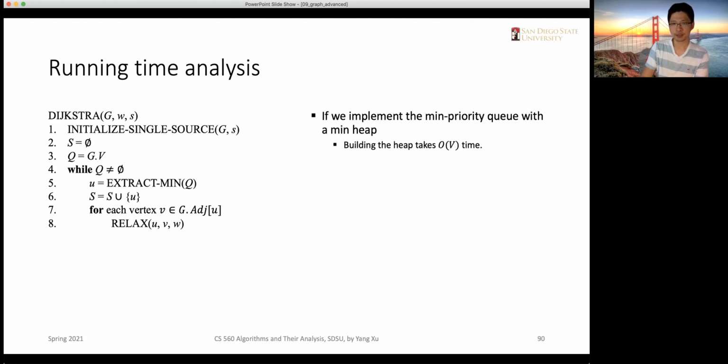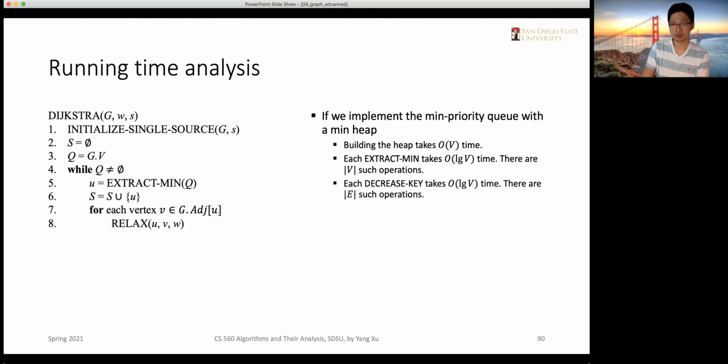If it's a minimal heap, then each heap operation takes logarithm of V time. So the total running time is big O of (V plus E) times log V, or we can say it's big O of E log V.